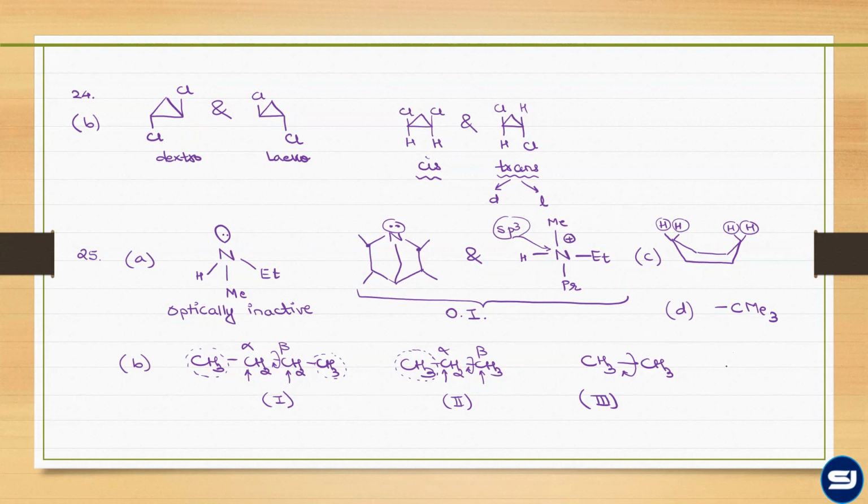Matlab cyclohexane में one of the H is substituted by the tert-butyl group. In fact मुझे ऐसा लगता है वो inter-butyl नहीं होगा, tert-butyl होगा. Because बाद में उन्होंने tert-butyl का substituent दिया. हाँ, that is tert-butyl.